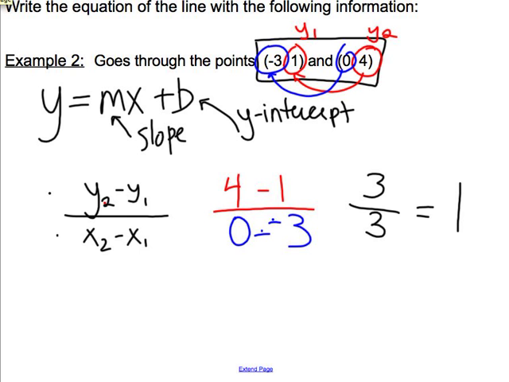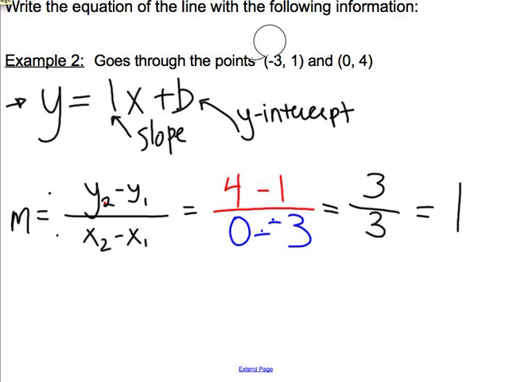Remember, this formula was to help us find m. So we're halfway to our final goal of finding the rule y equals mx plus b. Since my slope is 1, I'm going to put a 1 in for the m. So now I have half of the problem solved. My next step is to find the y-intercept. So I'm going to plug in the point that I know, just like we did in the previous example.